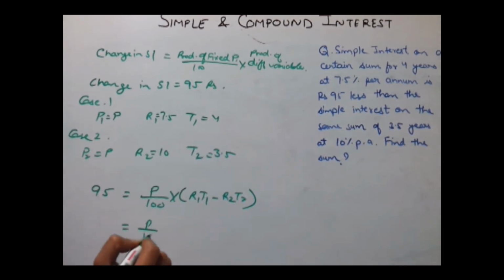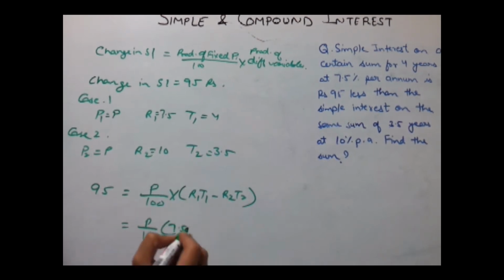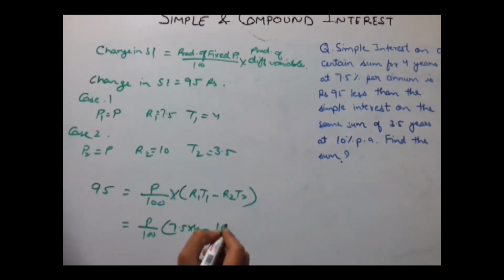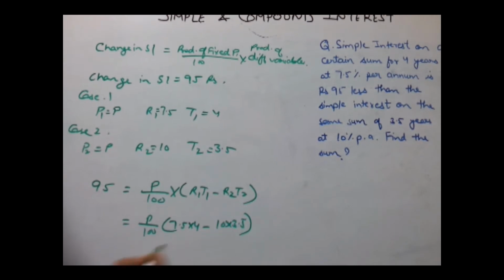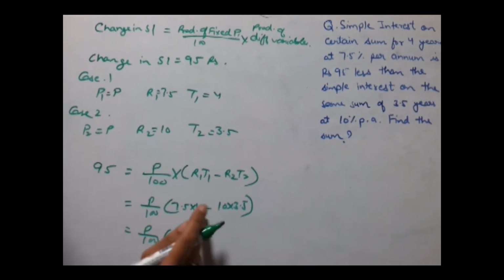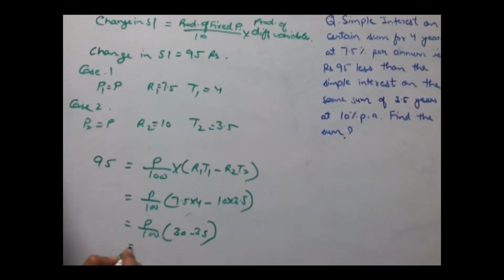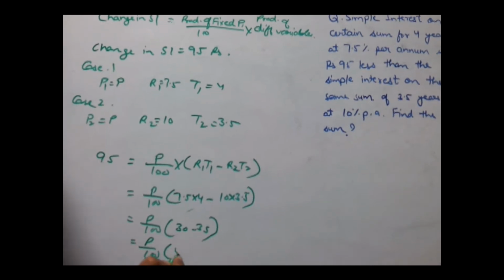Here we need to find the sum, which is P by 100 into R1 is 7.5 into 4 minus 10 into 3.5, which gives us P divided by 100 into 7.5 into 4 is 30 minus 35, which gives us P upon 100 into 5.